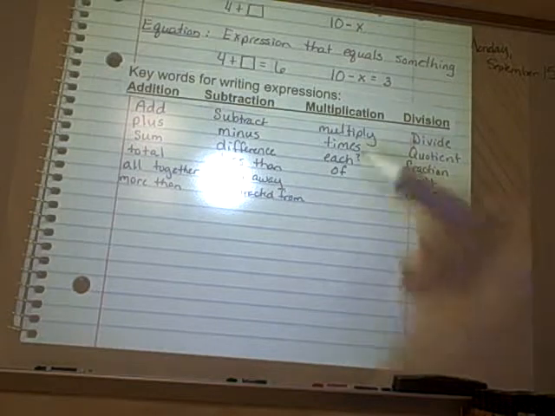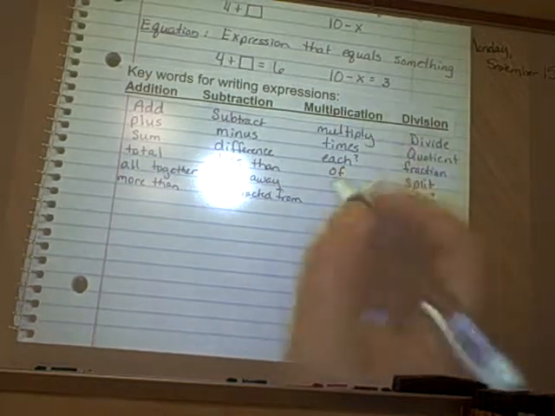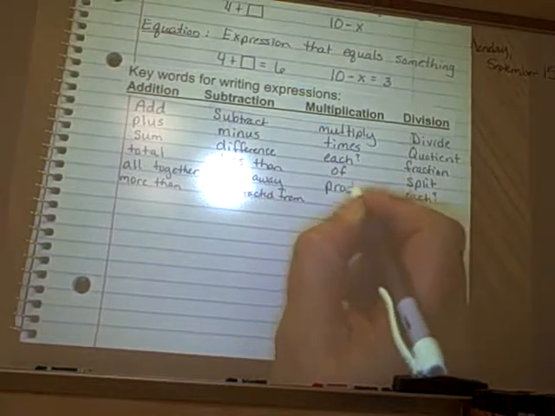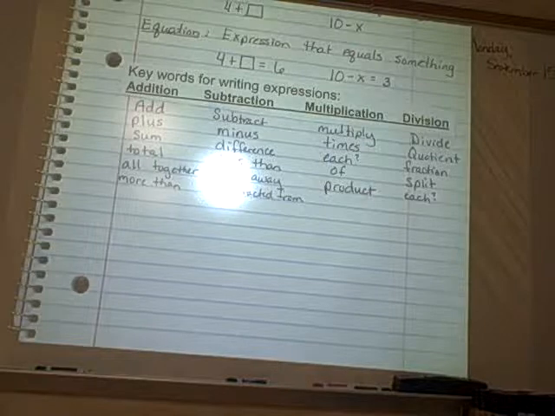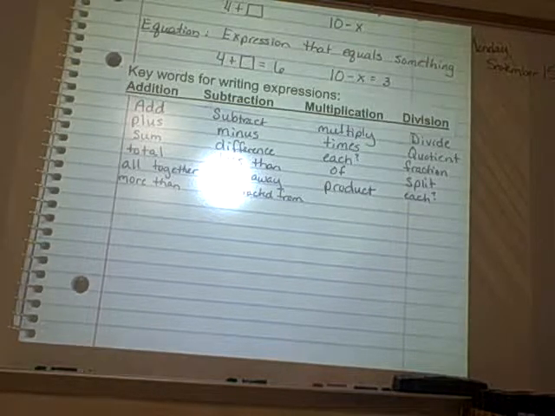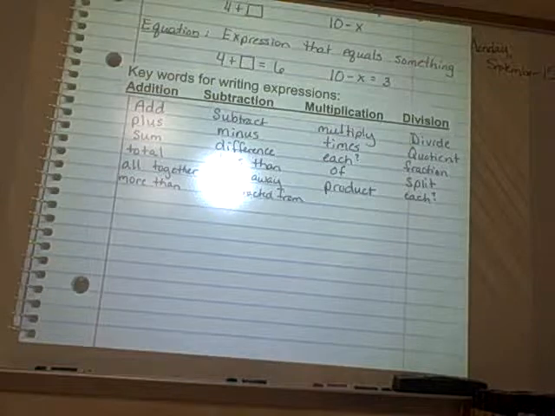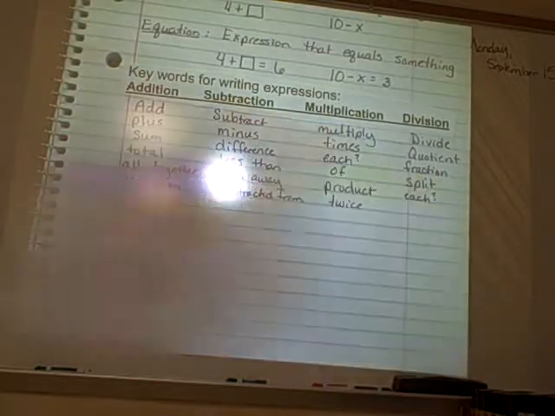Okay, multiplication. We have multiply, times, each, of, the math word is product. To find the product of two numbers is to multiply. And then there's some special ones that are multiply, like twice, or double, or triple. Any of those special words mean you're multiplying by a certain number. So twice would be multiplied by 2, or double would be multiplied by 2.